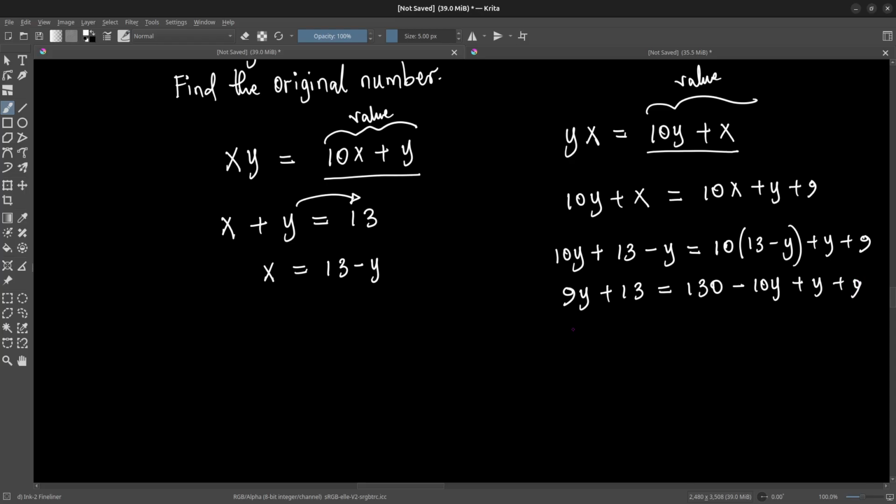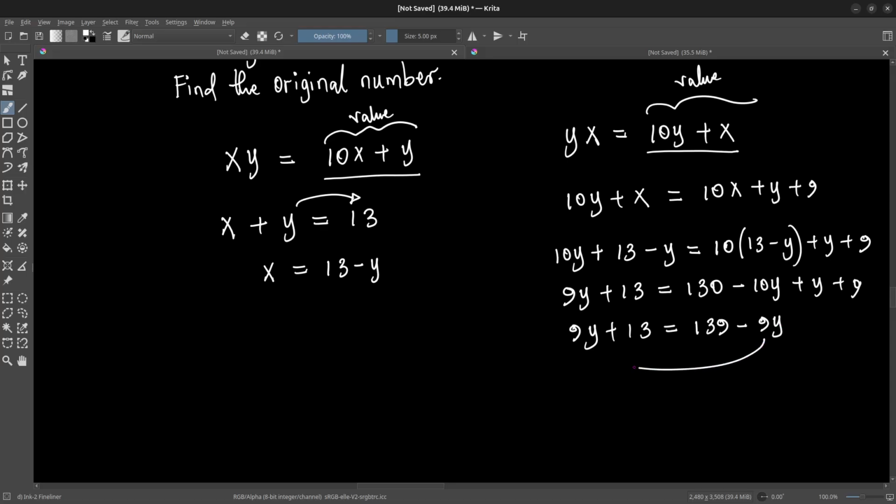So this becomes 9y plus 13 equals, we have this 130 here plus 9, that becomes 139. And then we have negative 10y plus y, that becomes negative 9y. And that's about it for the right side.